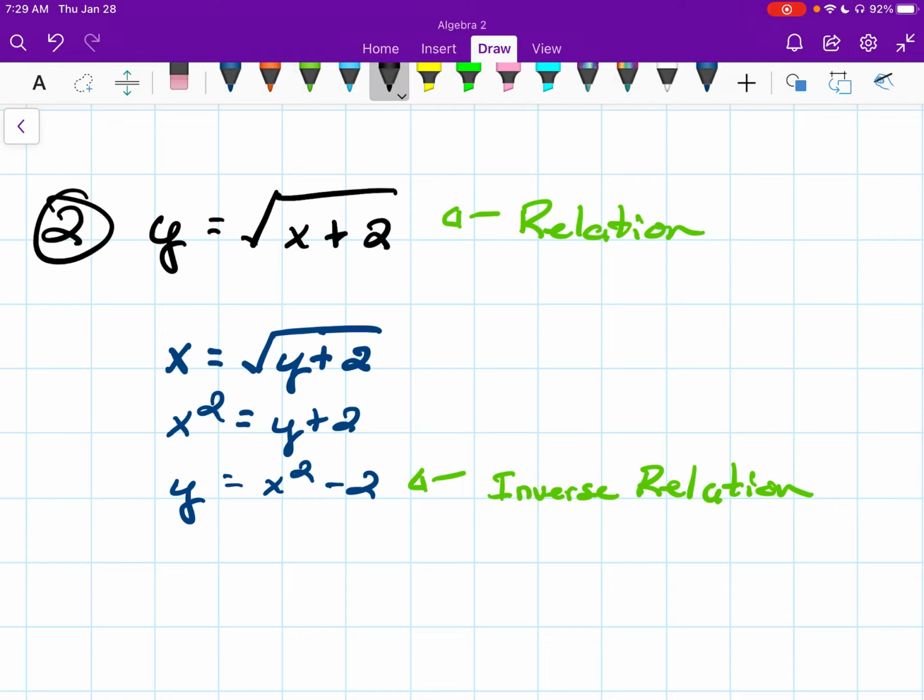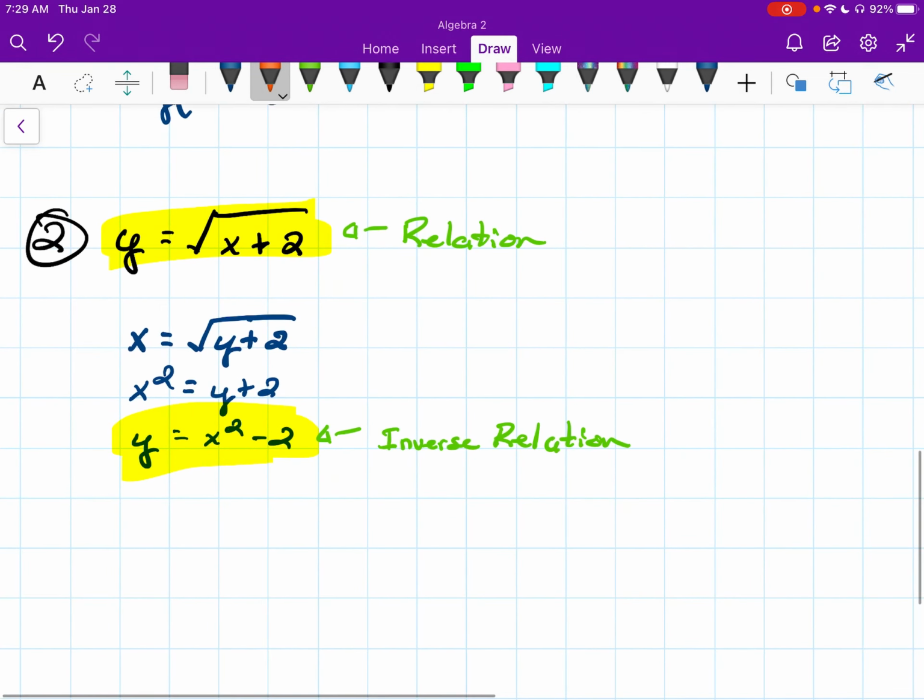Now let's think about this. Are these two functions? Well, y equals root x plus 2 graphs something along the lines of that. It's like a sideways parabola.